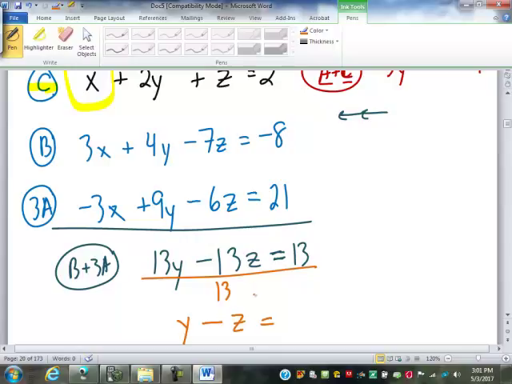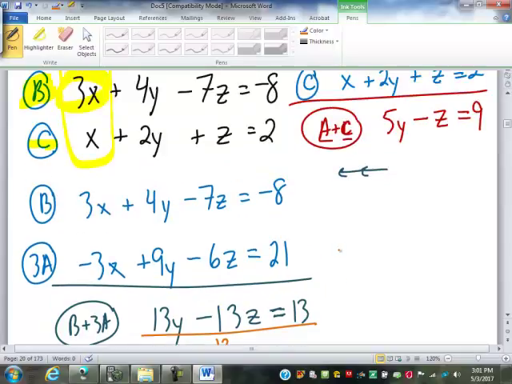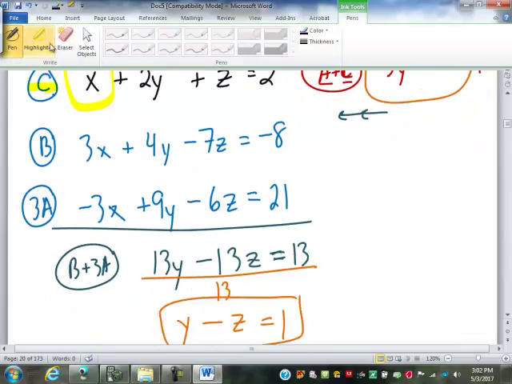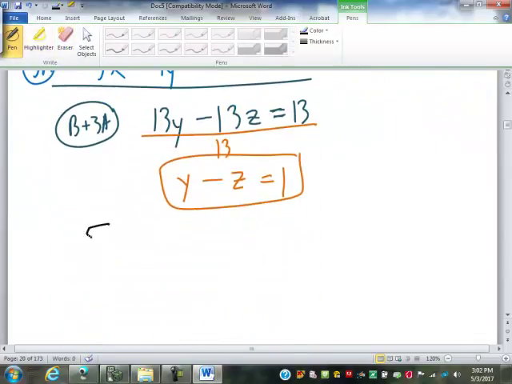And 13 divided by 13 is 1. So I have that, and I have this one here. I'll put it down below: 5y minus z equals 9. And I have y minus z equals 1.